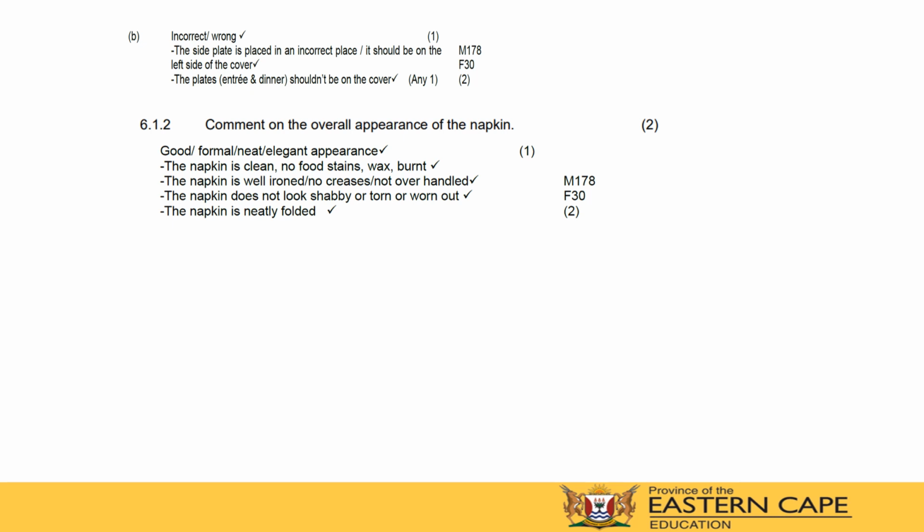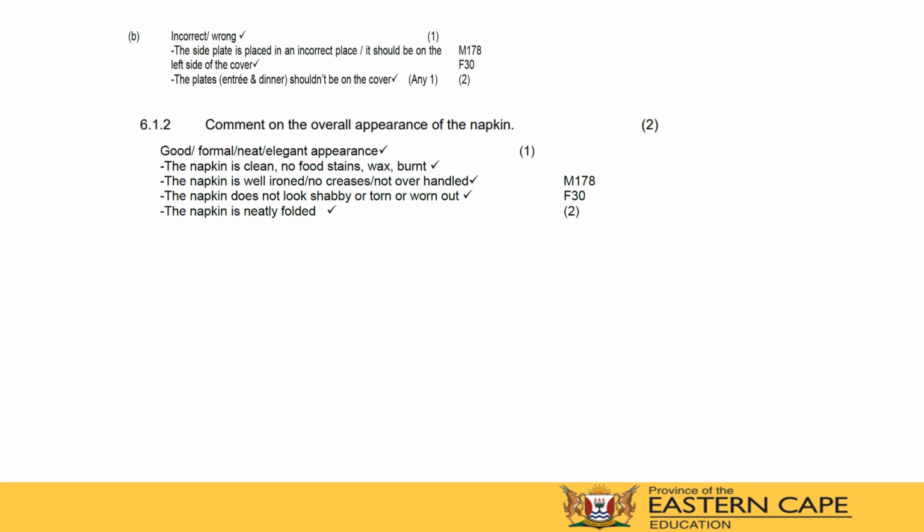wax or burnt marks, the napkin is well ironed, it has got no creases, it is not over handled, and then you can also say the napkin does not look shabby or torn or worn out, and then the napkin is neatly folded. So you are taking what I've taught you on how your tablecloths and your overlay and your serviettes must be handled, and you would then refer it to the picture.